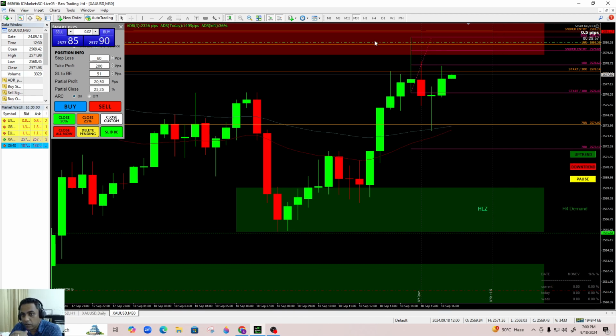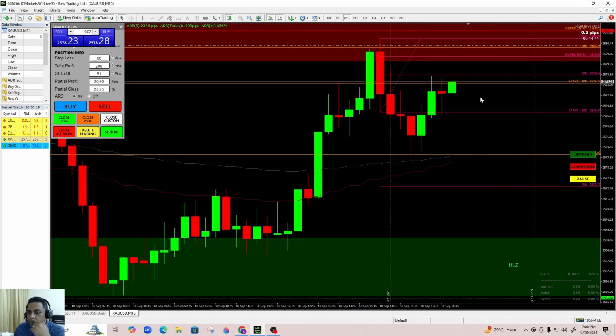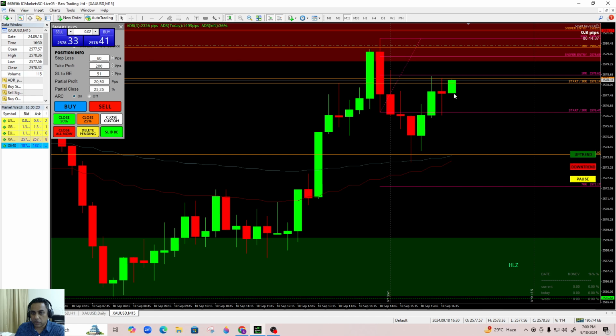Okay, now we should break the high here, may create a low wick and then break the high, or we might just continue to break the H1 high here and then continue higher. Yeah, we are going to create a low wick. We have no bottom wick, so this candle has to create a low wick at some point.